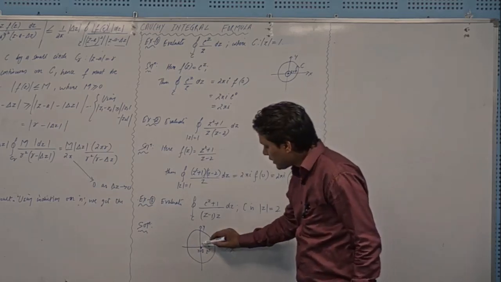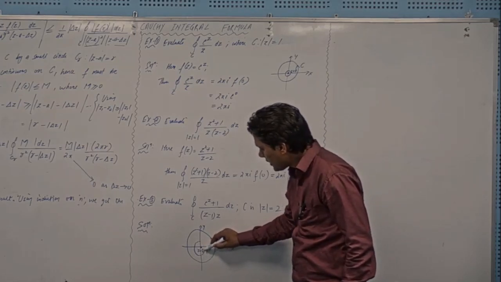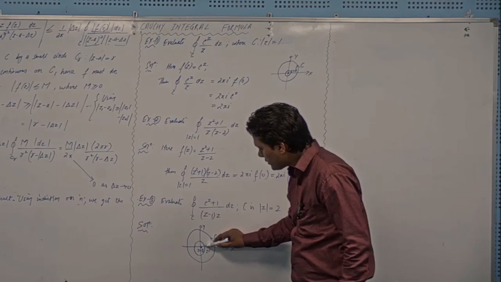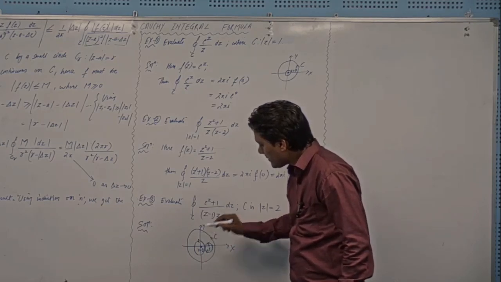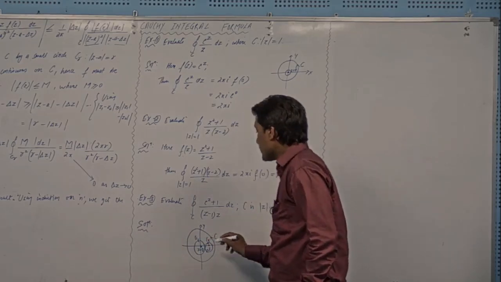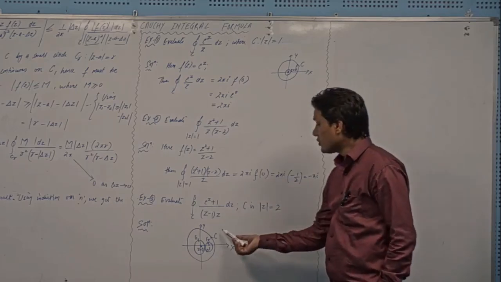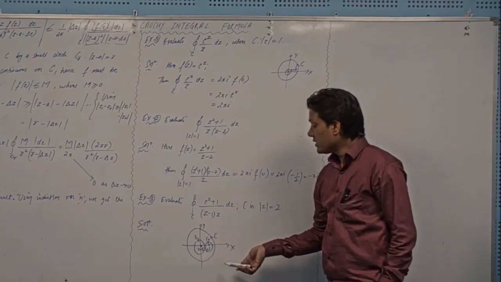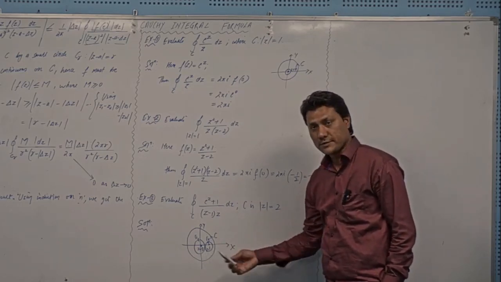One circle at z equal to 0, a small circle, and another circle at z equal to 1, both oriented anti-clockwise. This is C1 and this is C2, and this is due to the deformation theorem, where we replace the outer curve by the inner simpler curves surrounding the singularities, right?